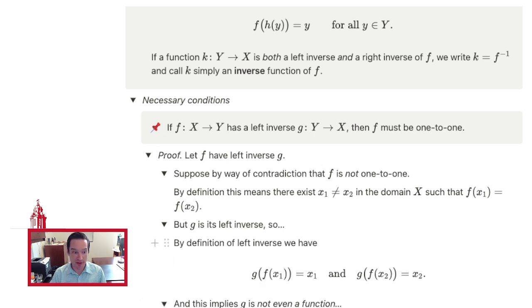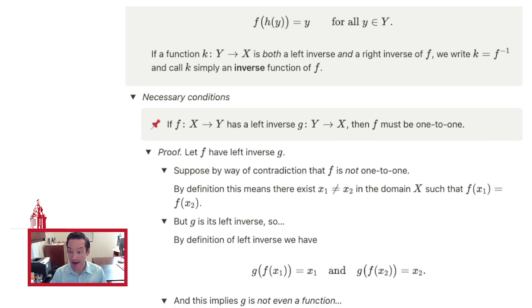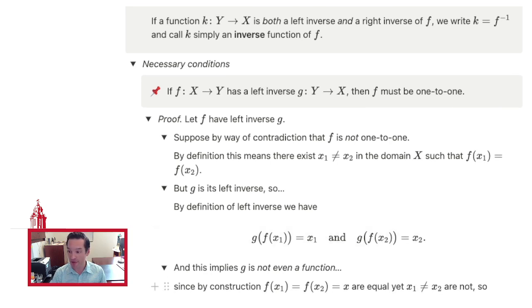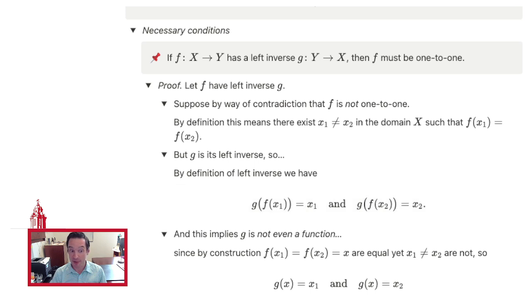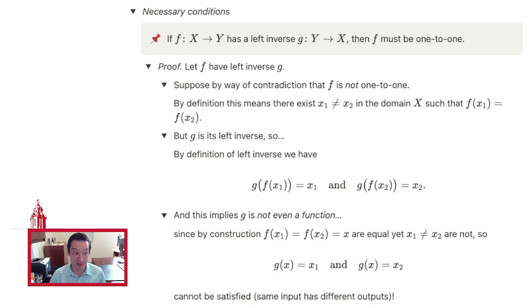And that would imply that this g, this left inverse, cannot actually be a function at all. If I call x the common value of f of x1 and f of x2, then rewriting these equations gives me that g of x is equal to x1, but g of x is also equal to x2. And the problem is that x1 and x2 are different, but the input to g in both of these equations is the same.